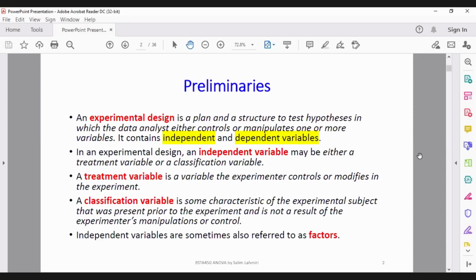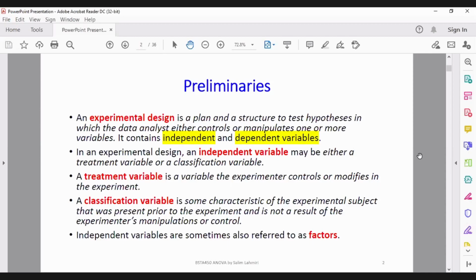We call independent variable in experimental design a treatment variable or classification variable, because experiments are classified by types of independent variables or independent factors used to influence the y, and we need to conduct experiments on y depending on the factors under study.